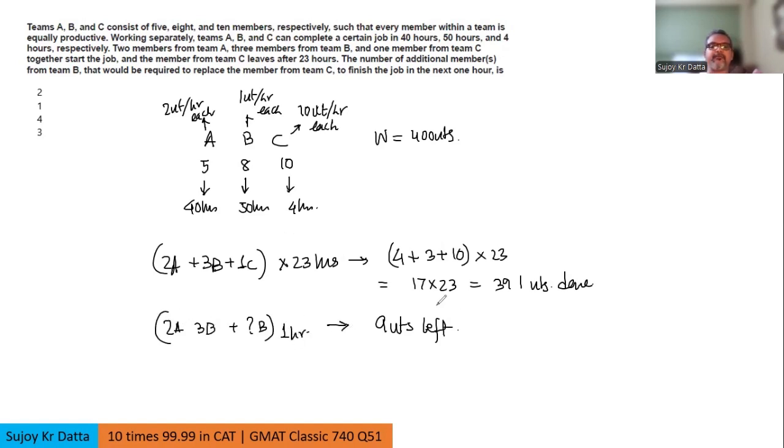Within the next 1 hour, they will finish off the 9 units. So 2A would do 4 units, and 3B would do 3 units. The 7 units are done. So I need someone to do 2 units, and since it has to be B, we need 2 such Bs, so that they can do the 2 units. So 2 people would join from B. So that is the first option.